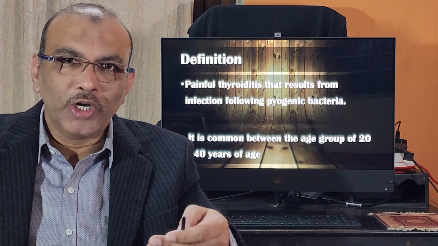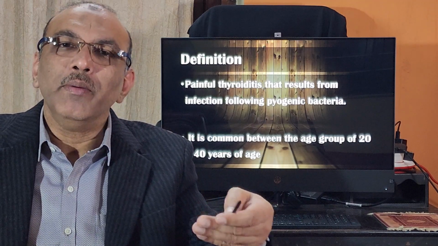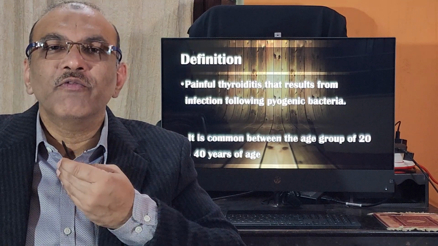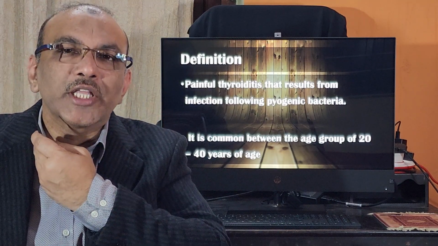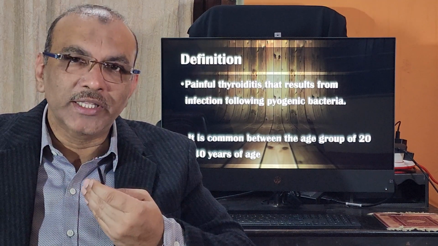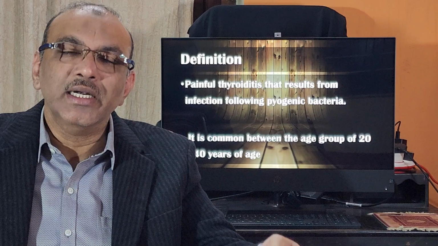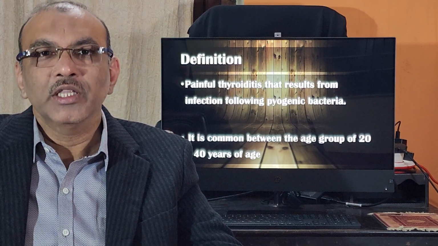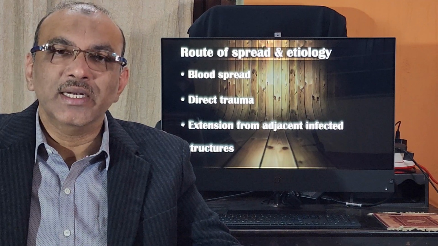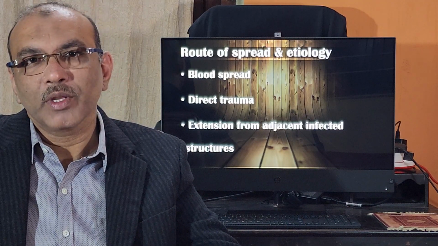It can involve the thyroid gland also, and it can result in bacterial infection. The third being any infection near to the thyroid gland. This can spread from there, involve the thyroid gland, and it can result in abscess formation too. These are a few common conditions which can result in infection of the gland.